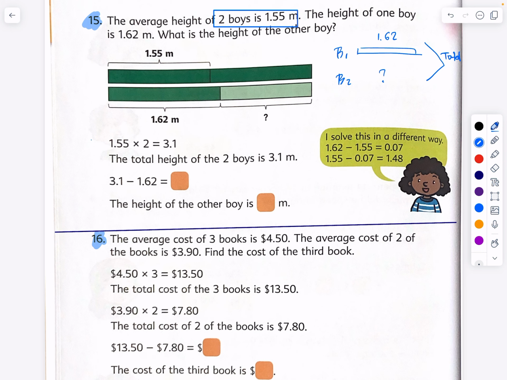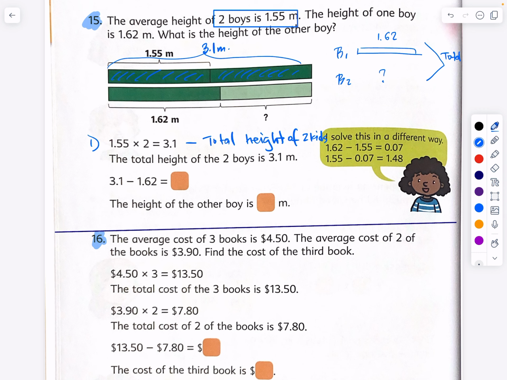So step 1: 155 times 2, that's the total height of two kids. Notice, here is one unit. One person is about 155, the second person is about 155. Two boys, 155 on average. We can find the total, and the total is 3.1 meters.